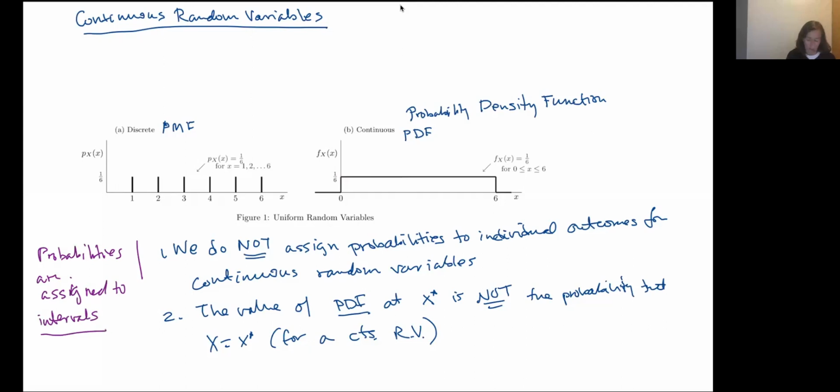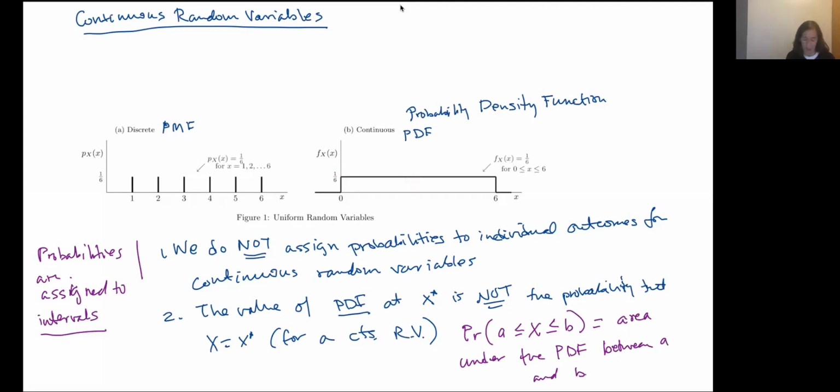And the probability that x is between values a and b is the area under the PDF between a and b. Okay, so we can't assign a probability to a single point.